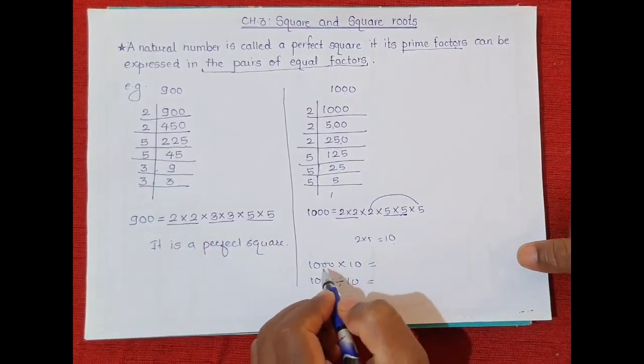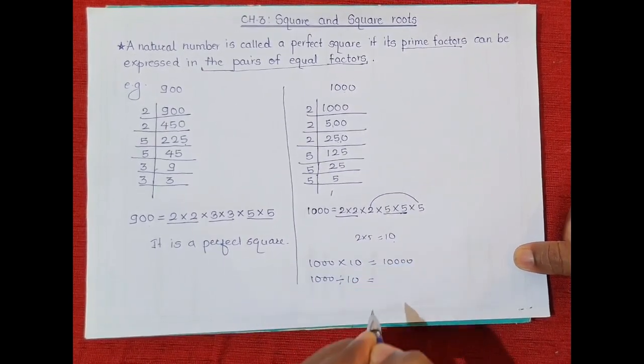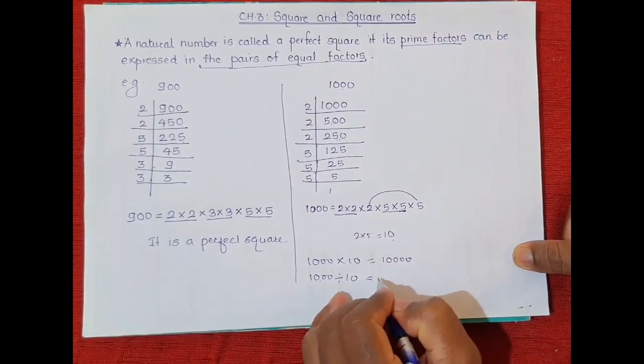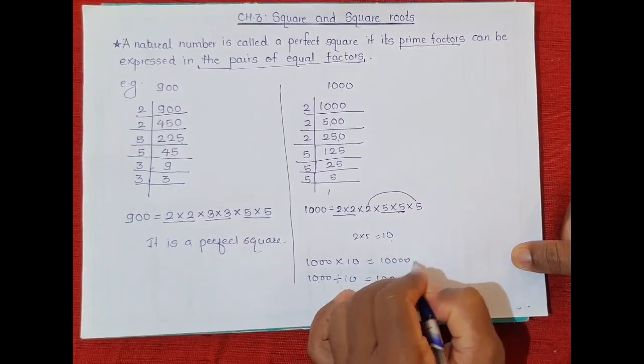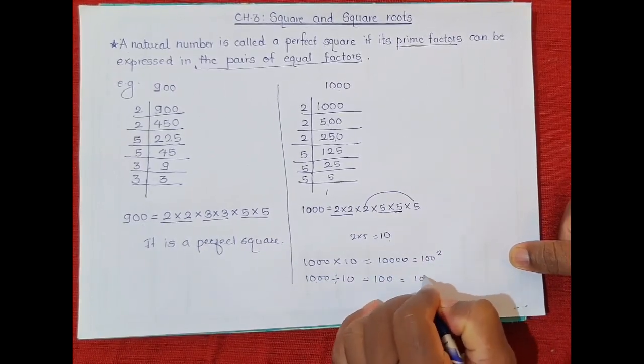Understood? See here, 1000 into 10, 10,000, whereas 1000 divided by 10, 100. So 10,000 is the square of 100 and 100 is the square of 10.